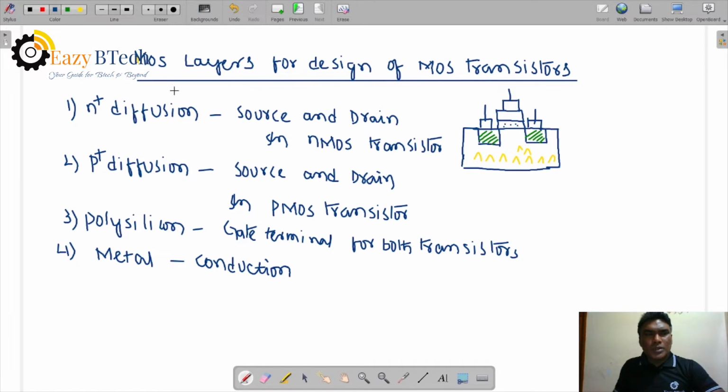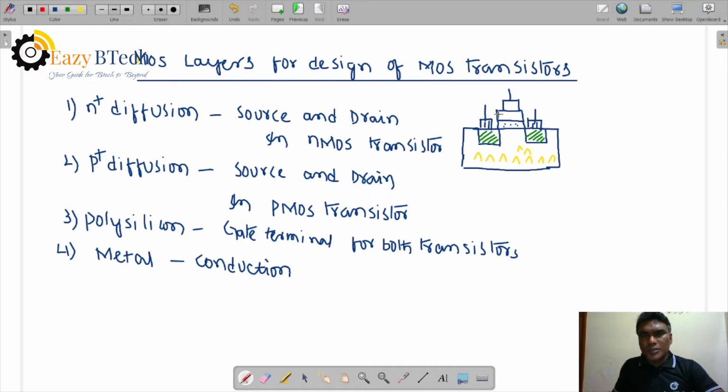So the metal, polysilicon, P diffusion and N diffusions are all isolated by this SiO2 layer, the thin oxide, right? This metal layer is for conduction, for the source terminal and drain terminal.